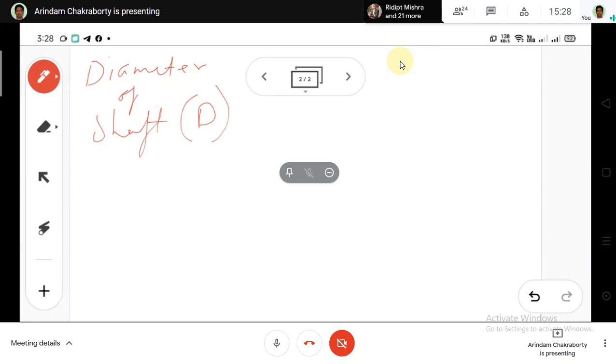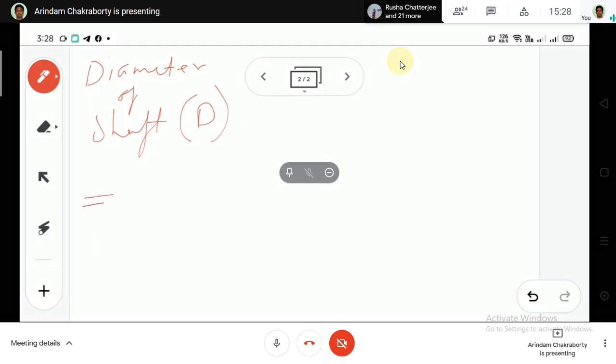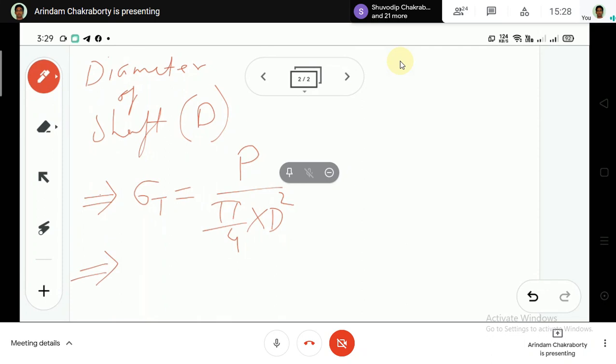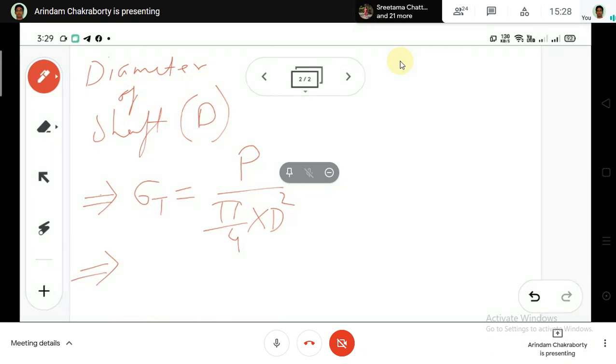So I could write sigma T is equal to P, the applied load, divided by pi by 4 into capital D square. Since we have to find the diameter of the shaft, it should be under the allowable stress.